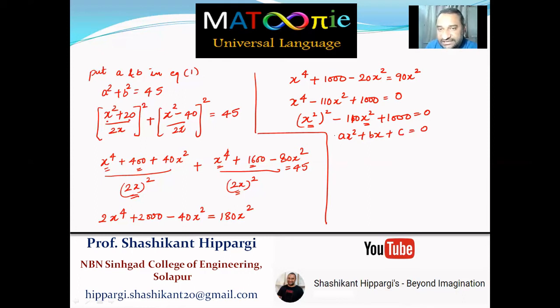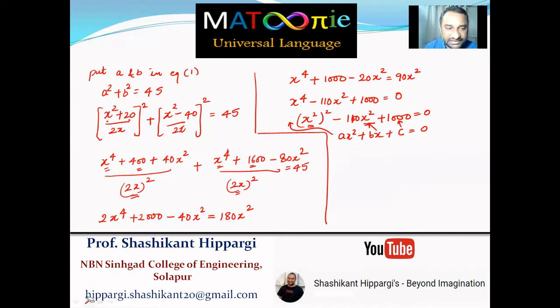Here x is x square itself, c is 1000, and a is the coefficient, which is nothing here, so it is equal to 1. Instead of doing this, I can directly factorize it because it is very easy. You look at the question, you can directly factorize it.